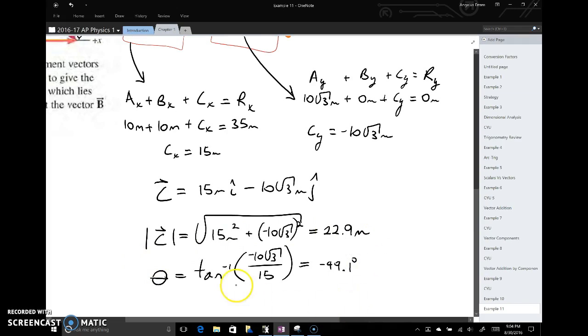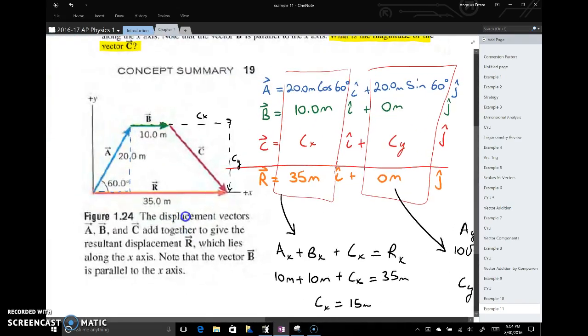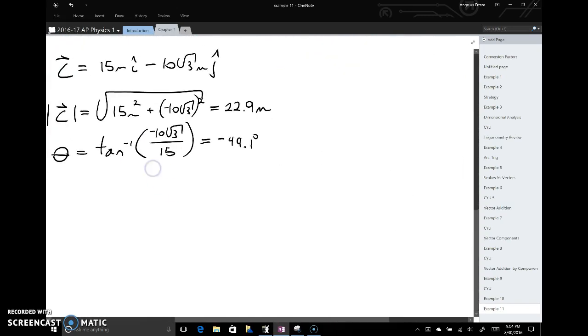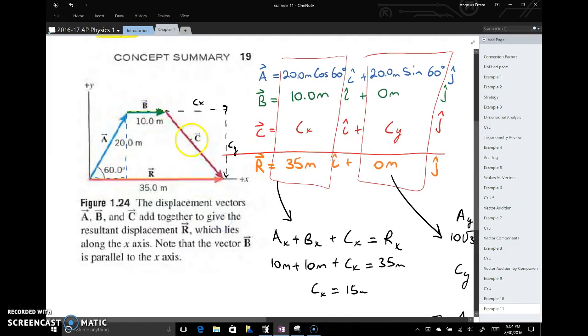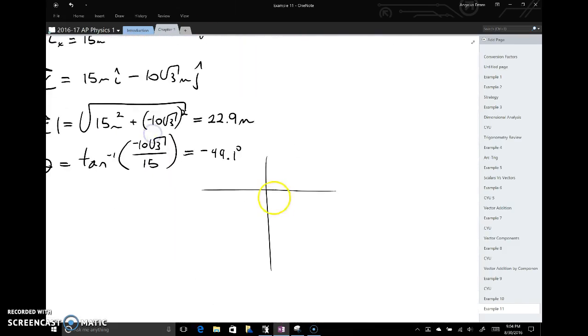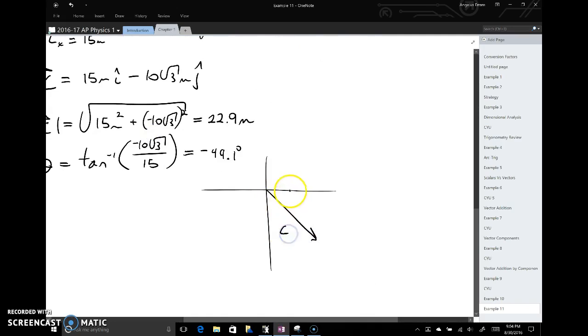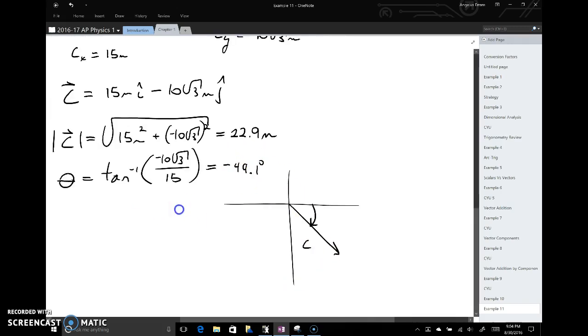Now, whenever we use arctan, we really should be checking to make sure that the angle is correct, because the inverse trig functions in your calculator will only ever give you angles in the first and fourth quadrant. So if our direction is supposed to be in a different quadrant, it's not going to be correct. So just from looking at that diagram, here's C down and to the right. So C should be like this. This angle here, that is negative 49.1 degrees. So that's correct.